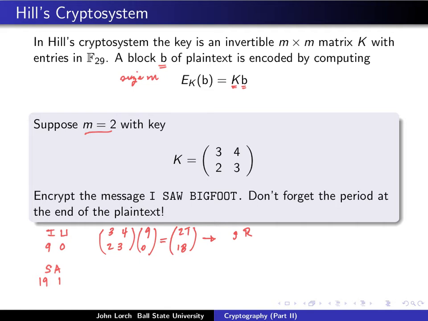Right, so to encrypt that bit, we take our key matrix, 3, 4, 2, 3, and multiply it by the vector 19, 1.